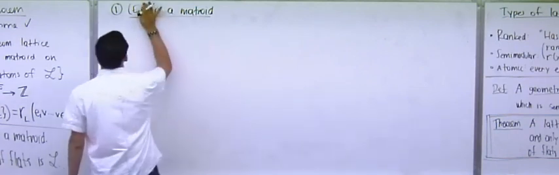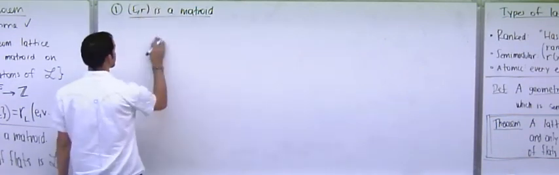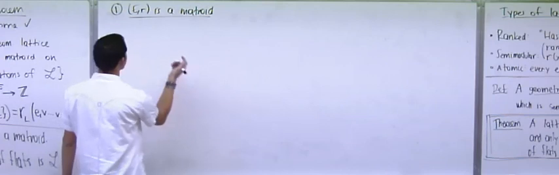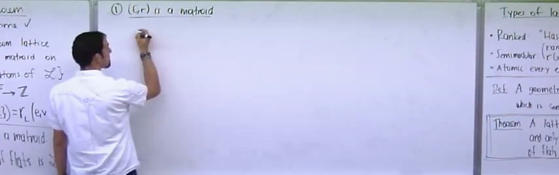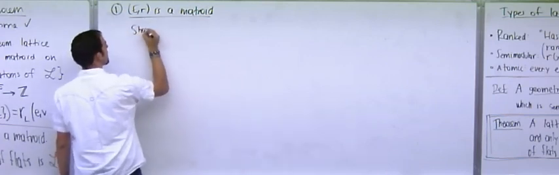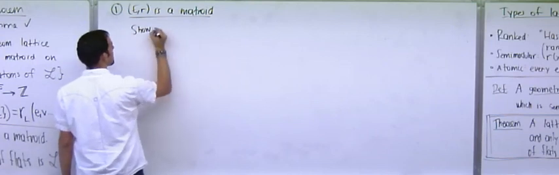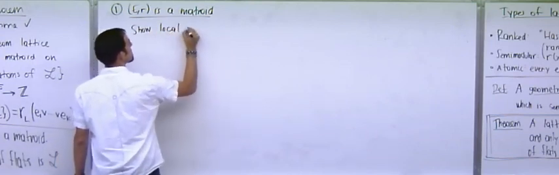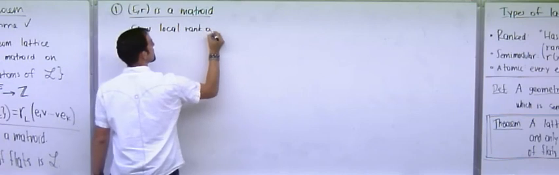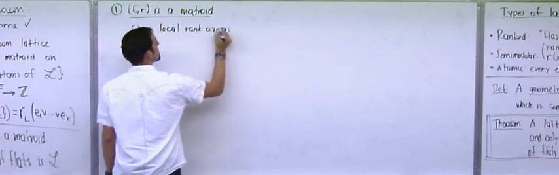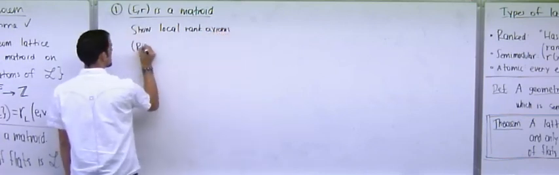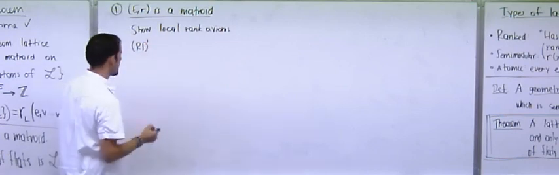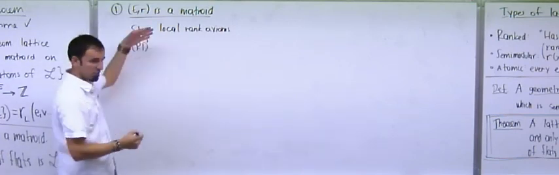So this is one application of your homework. This is actually why I assigned it. So we're going to show local rank axioms. And as you're used to by now, this is going to get progressively harder.